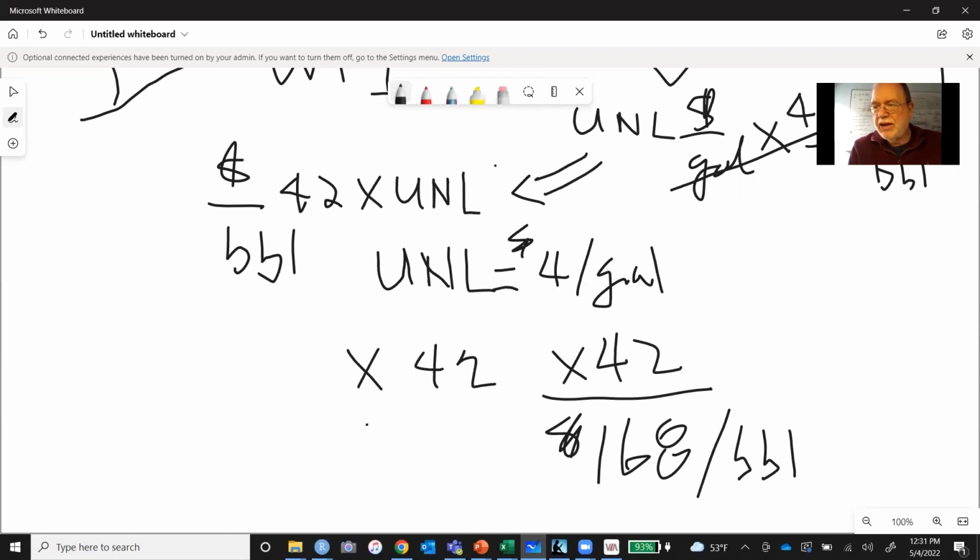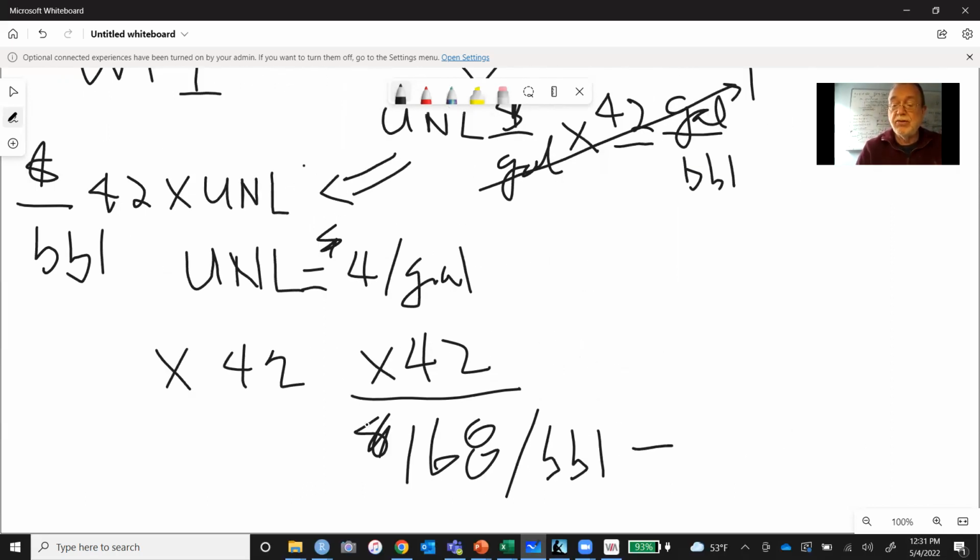And if West Texas crude is $50, $60 a barrel, the spread will be $168 per barrel minus whatever West Texas crude is. Suppose it's $60 per barrel at this moment.